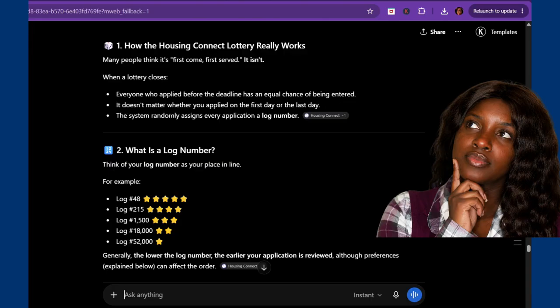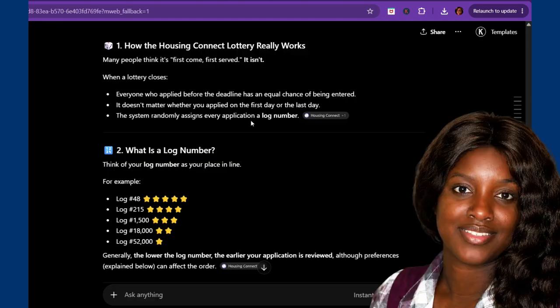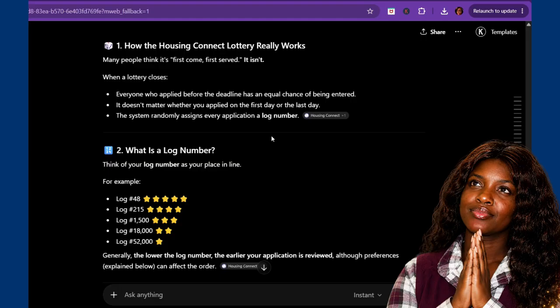It doesn't matter whether you apply on the first day or the last day. The system randomly assigns every application a log number. So you have time to apply for these Housing Connect apartments, and once they get your application, you will receive a log number.